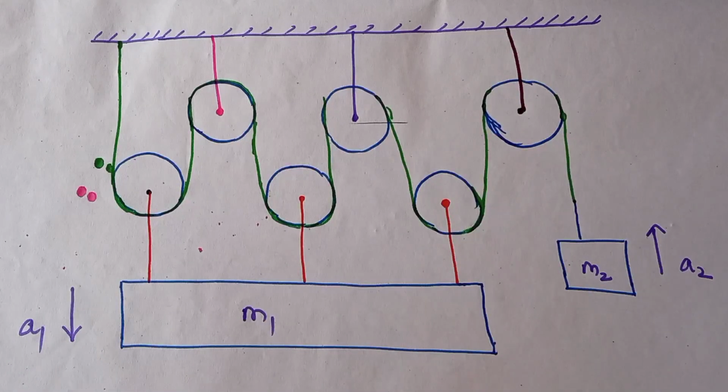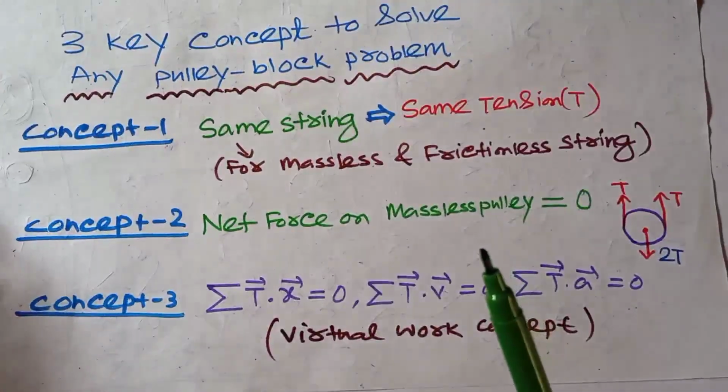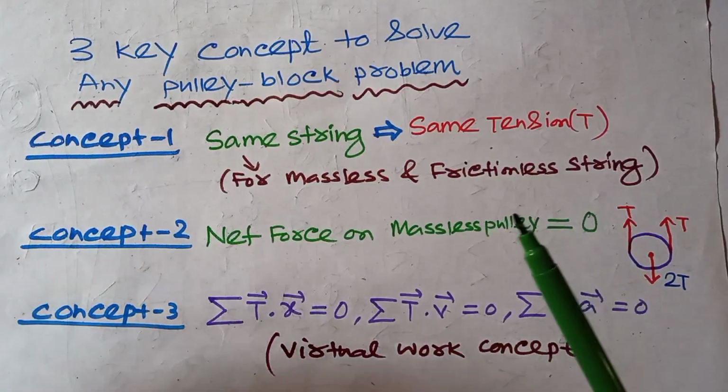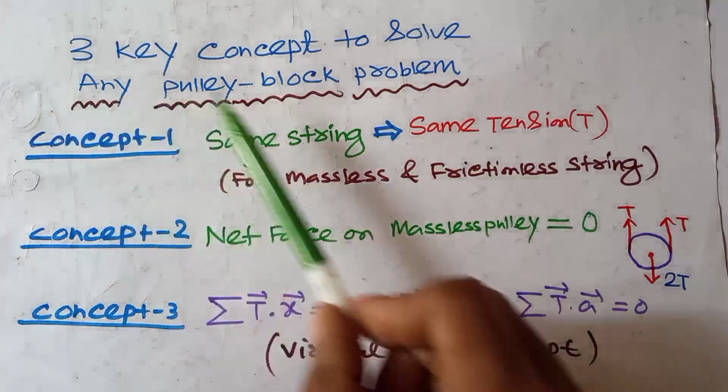This type of complicated pulley block problem can be simplified by applying a super trick. So let's see what that trick is. In order to solve any kind of complicated pulley block problem, we have to keep in our mind these three important concepts.